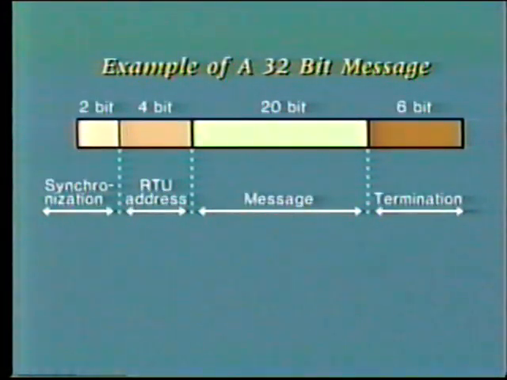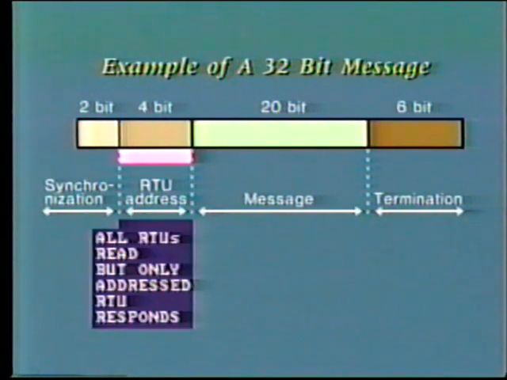Here is an example of a 32-bit message. The first 2 bits allow for synchronization of the receiver and transmitter, and the next 4 bits contain the specific RTU address. All of the RTUs on the same communication channel will read this signal, but only the addressed RTU will decode the message and respond.